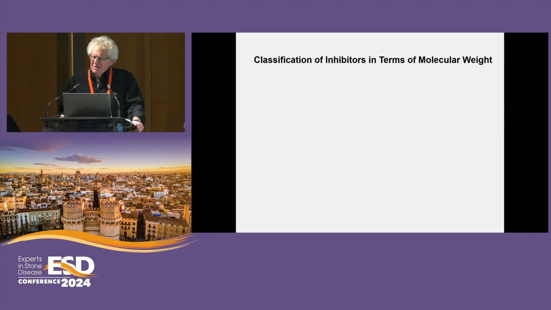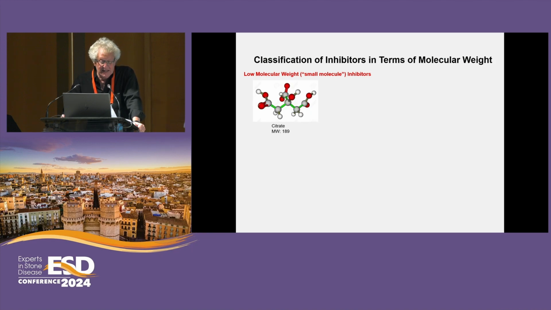So I think to start, it would be helpful just to remind ourselves of the classification of inhibitors, which is done mainly in terms of molecular weight. So there's the low molecular weight, the small molecule inhibitors, and examples, citrate, molecular weight 189.